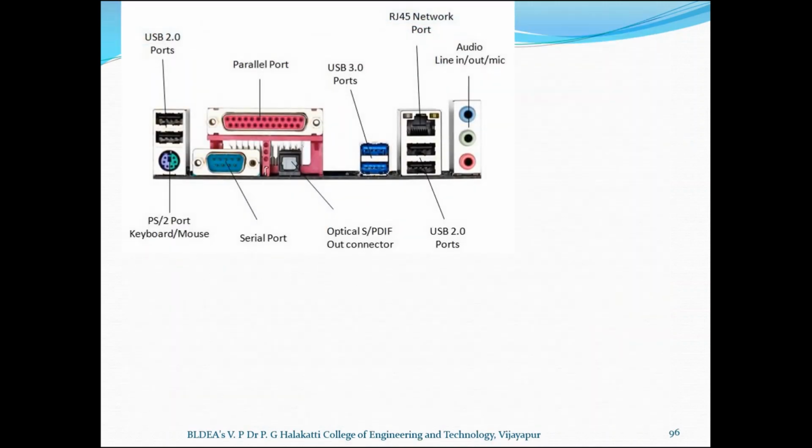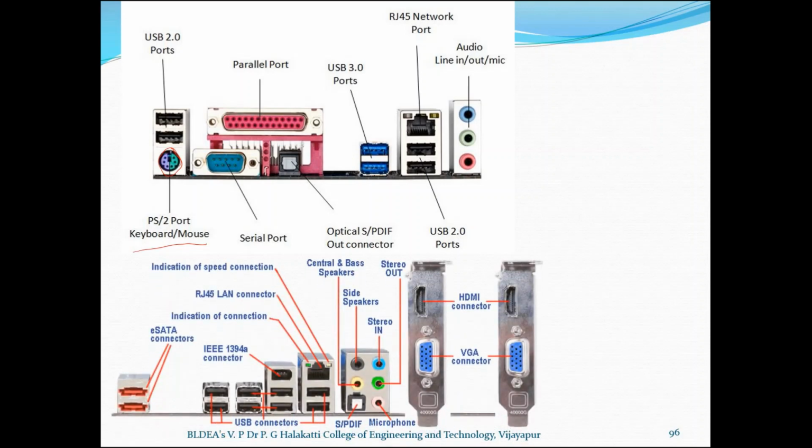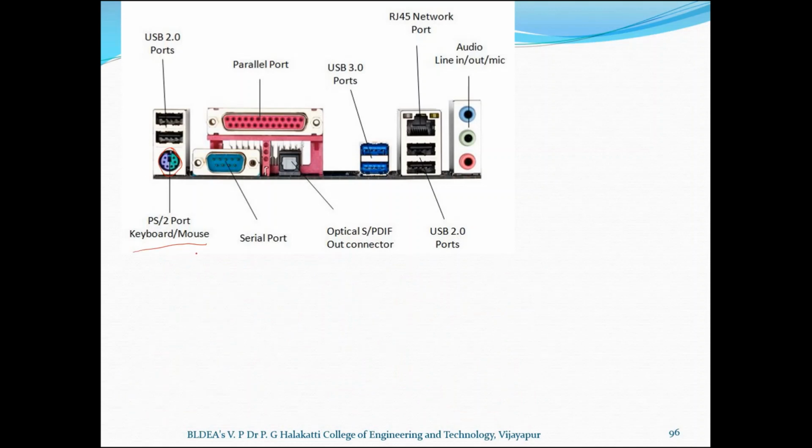Now this you can also see on your system. If you have your system right now, just turn the system around and you will be able to see the slots. This slot, which is in a circular shape, we call the PS/2 port. I can use it for connecting a keyboard or mouse. This is a serial port. You can see here we have optical output connectors, and USB slots.